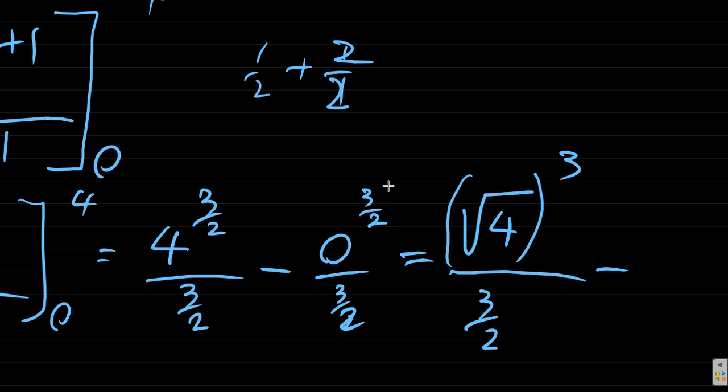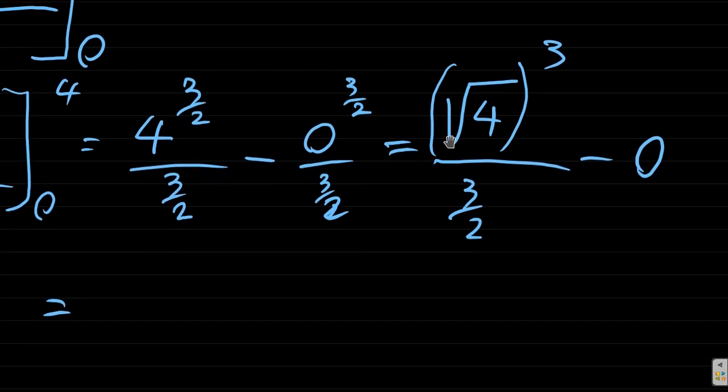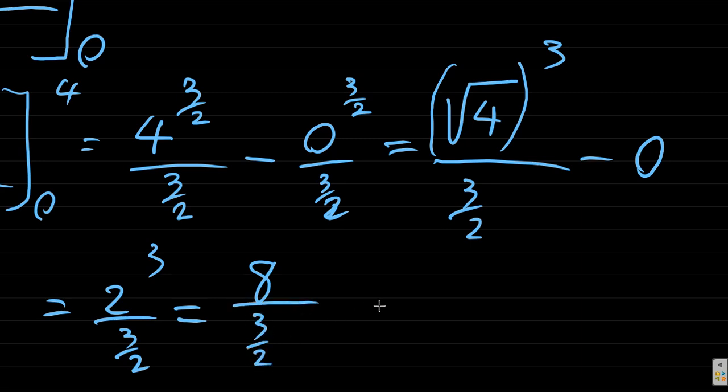Minus, well, 0 to the 3 halves is 0, and 0 divided by 3 halves is 0. So this is just 0, right? So what will happen here is the square root of 4 is 2. So we have 2 to the power of 3 divided by 3 halves. 2 to the 3 is 8 divided by 3 halves.